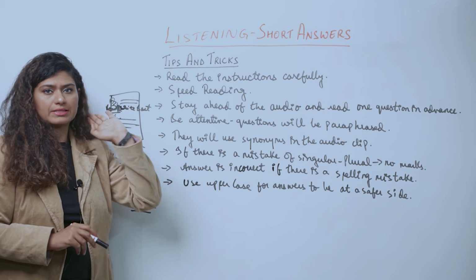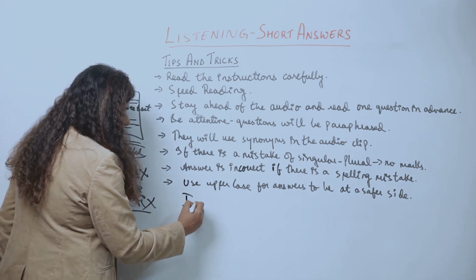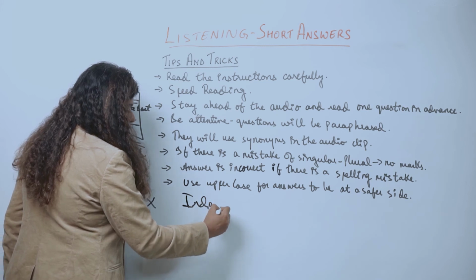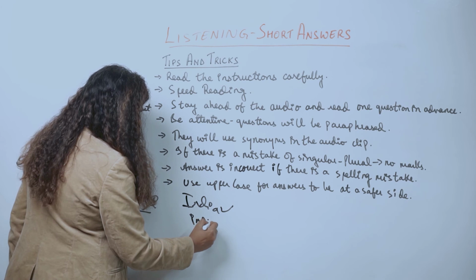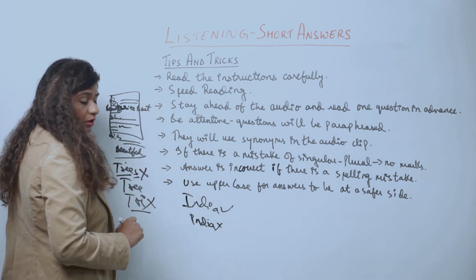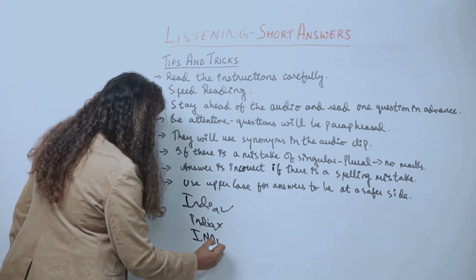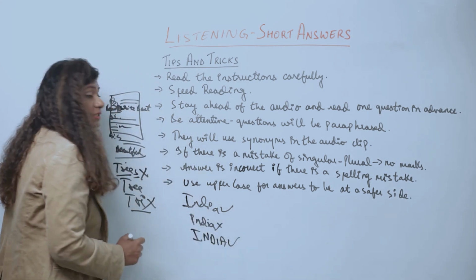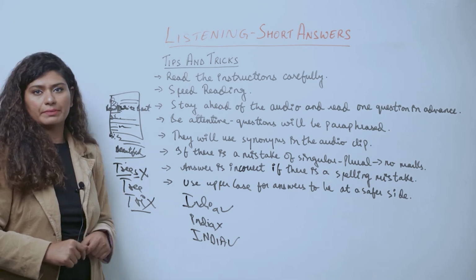So if I am writing India with a capital I, it is correct. But if I am writing india with a small i, it is wrong. But if I write INDIA, it is also correct, because everything is in the uppercase.